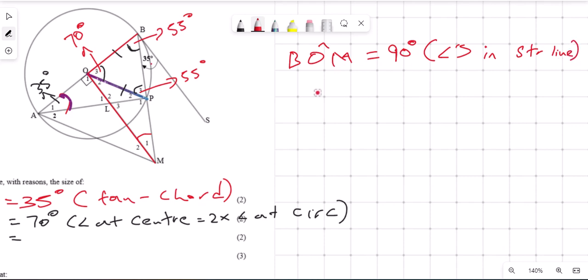Okay, therefore angle O2 is equal to 20 degrees.